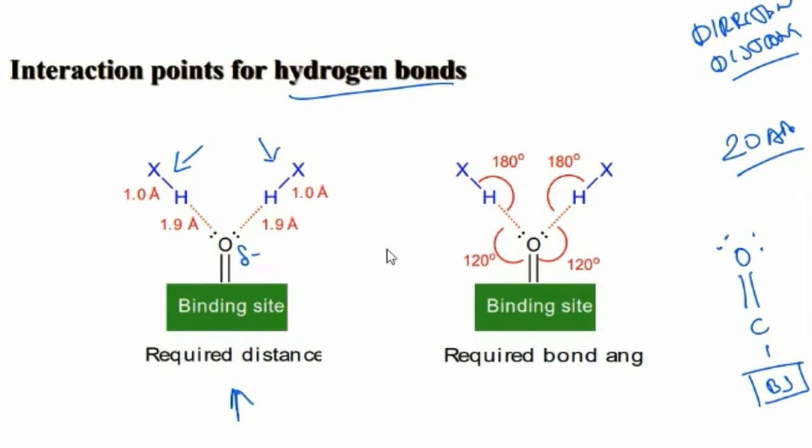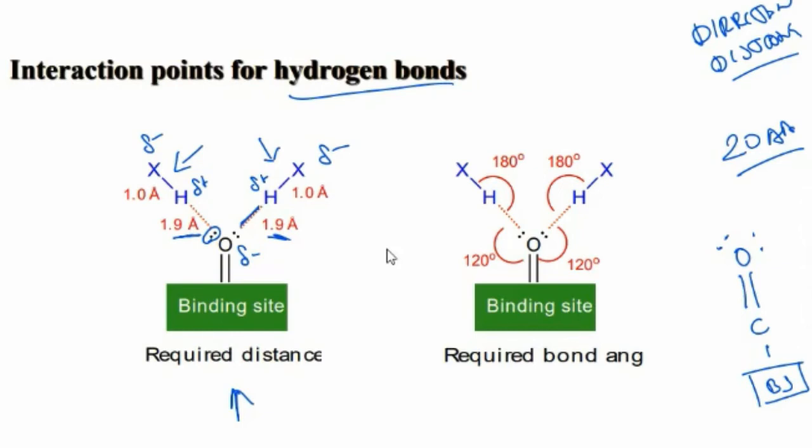Since we have two lone pairs of electrons, this negative charge can interact with the slight positive charge on this hydrogen and on this hydrogen. The distance between this hydrogen and this oxygen lone pair is 1.9 angstrom, and the distance between this hydrogen and this oxygen is also 1.9 angstrom.